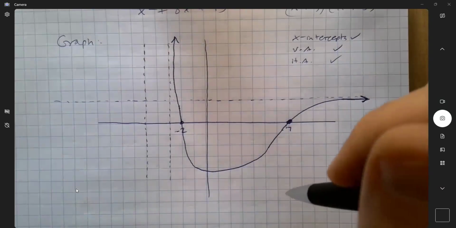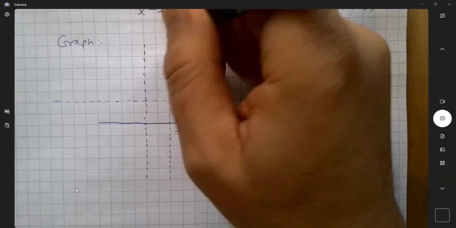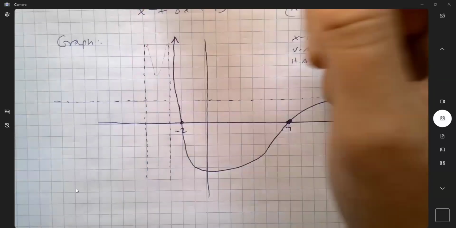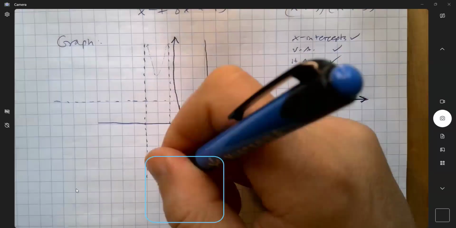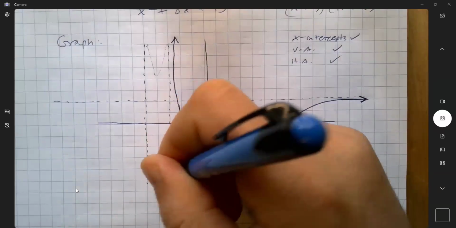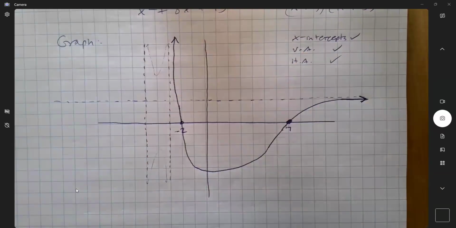After that vertical asymptote, I have a couple of options. I could say, oh, it comes down and turns around and goes back up. Or I could say it comes from beneath and turns around and goes back down. There's two ways to know what to do. The first is to memorize a rule.